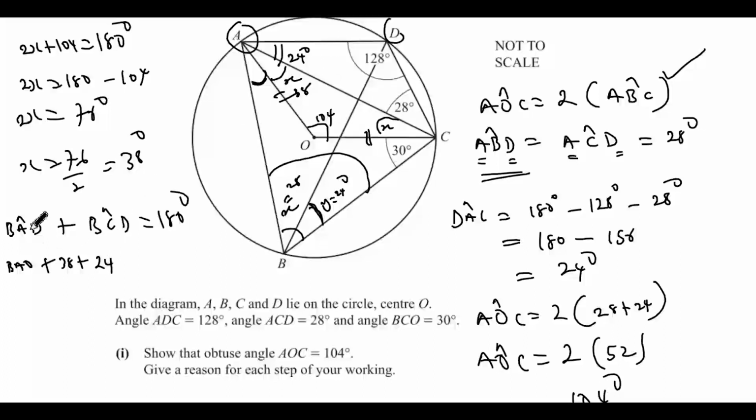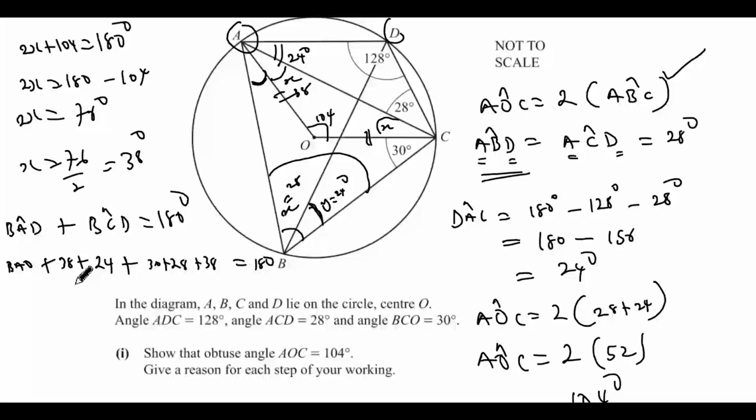So these three angles made up angle BAD, plus let's go to angle BCD. So these three angles as well made up angle BCD. So that will be 30 plus x is 28, so 30 plus 28 plus 38. Everything should add up to 180 degrees.